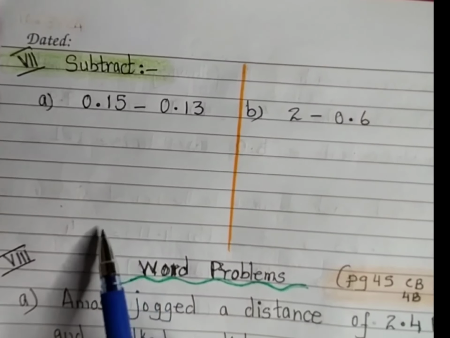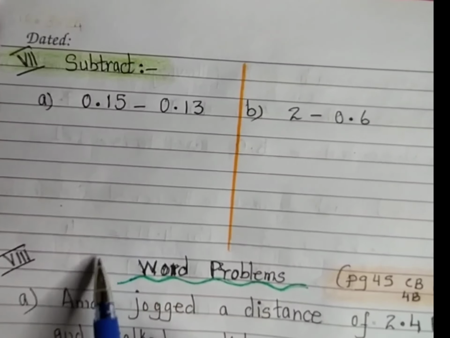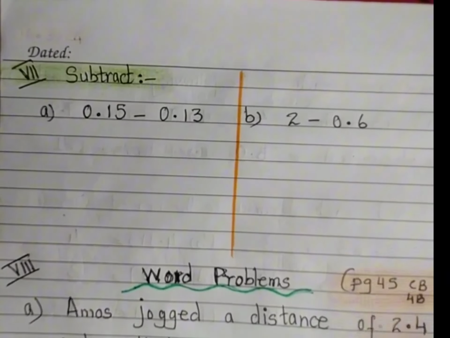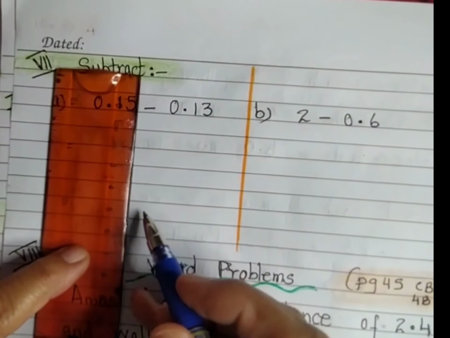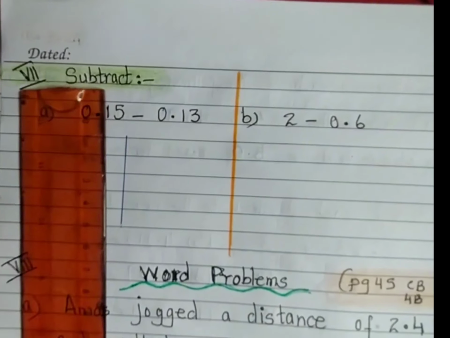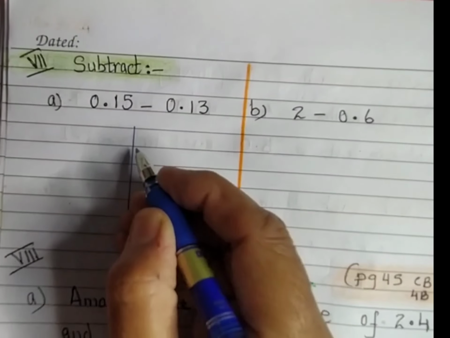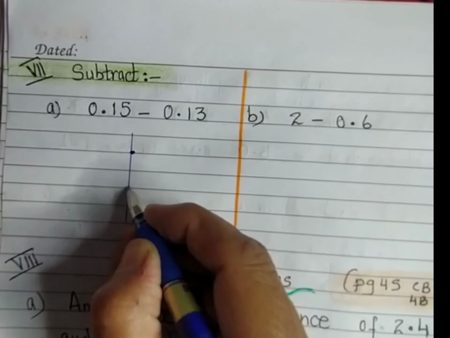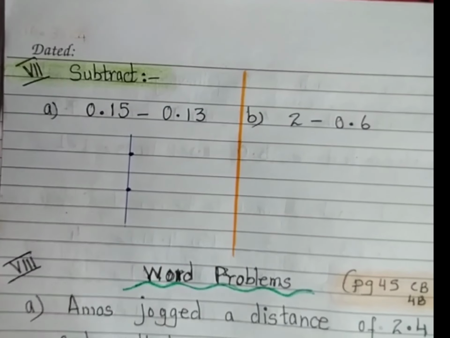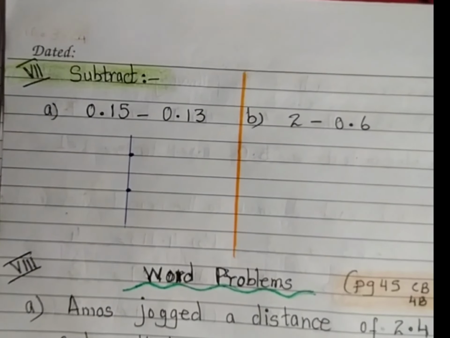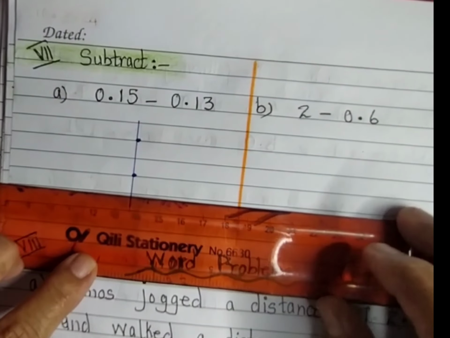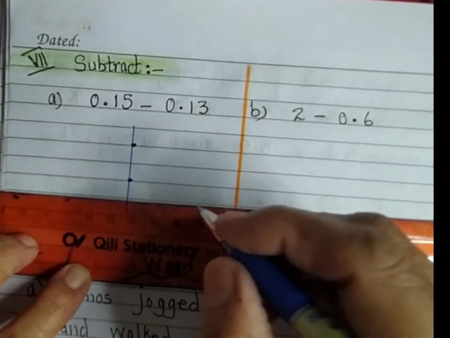We have a question on subtraction. What do we have to do first? I'll just draw a line. Okay, and I'll put my decimal points first. And here I'm going to write down my answer.